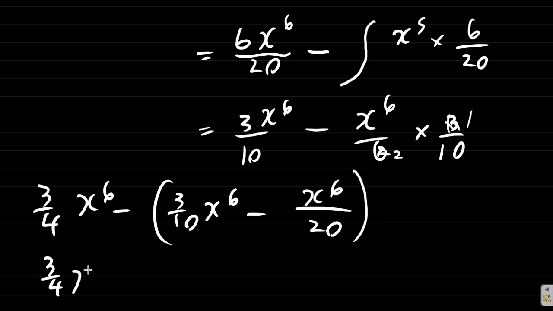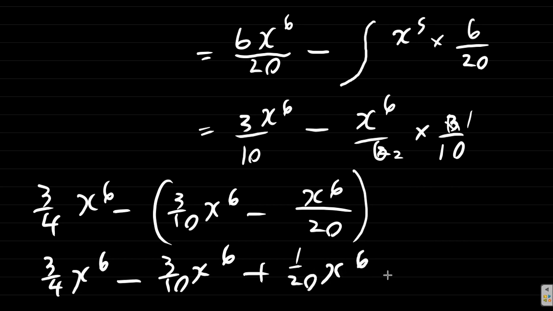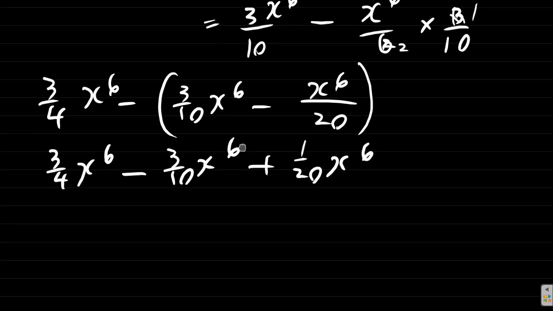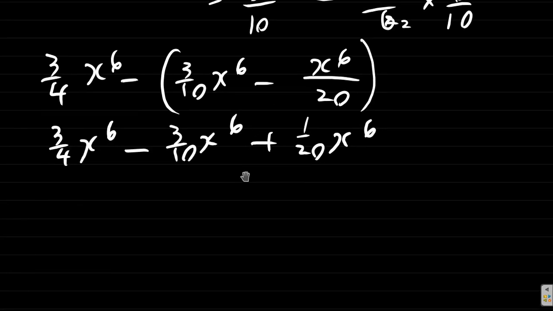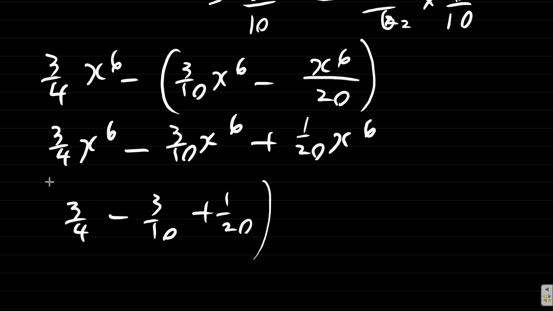So it's 3/4 x to the 6 minus 3/10 x to the 6 plus 1/20 x to the 6. Now we have 3/4 minus 3/10 plus 1/20. What does that all give us? We have 3/4 minus 3/10 plus 1/20, all multiplied by x to the 6. You see that? Fractions.